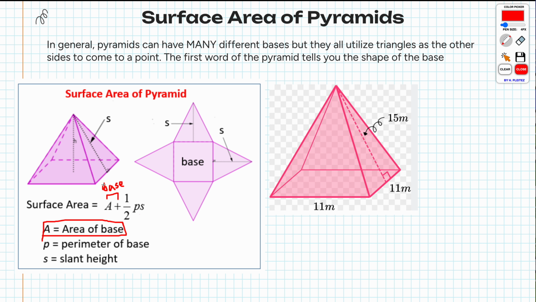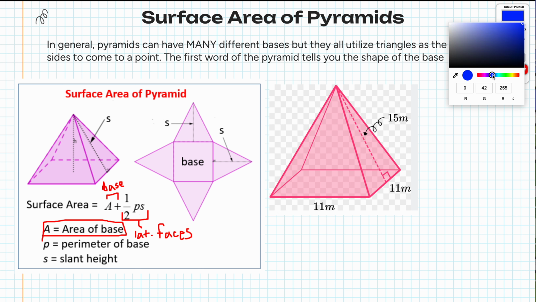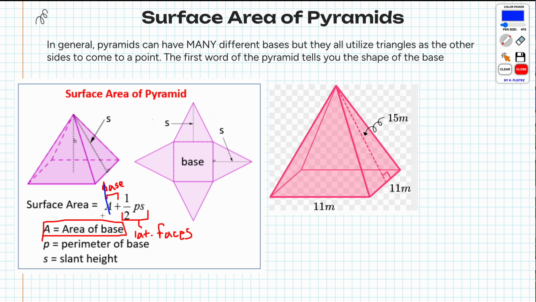Remember for prisms, there was a base at the top and the bottom. For pyramids, there's only one base. And then these are the area of your lateral faces. If we want the surface area, we take both of these measurements in, where P is the perimeter of your base and S is your slant height. But if we just wanted the lateral area, remember, we're not going to include the area of the base anymore. If we just want lateral area, we're just going to be talking about this portion.